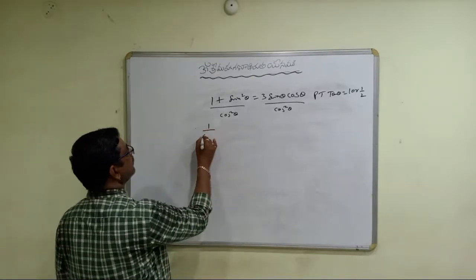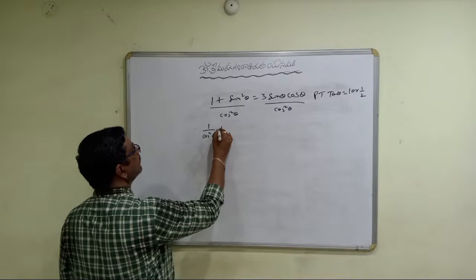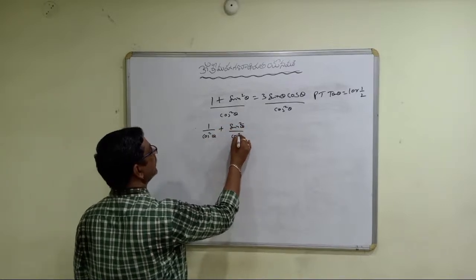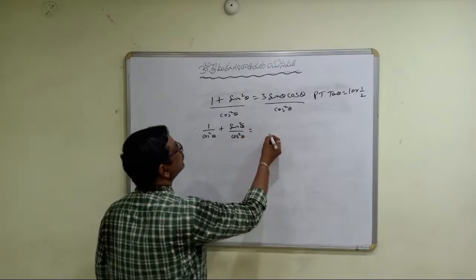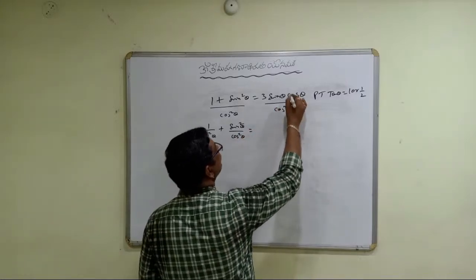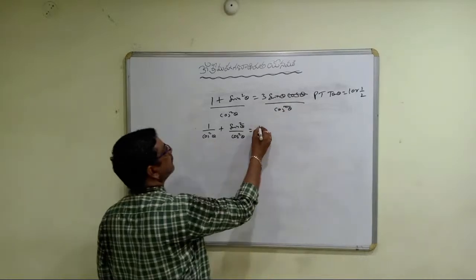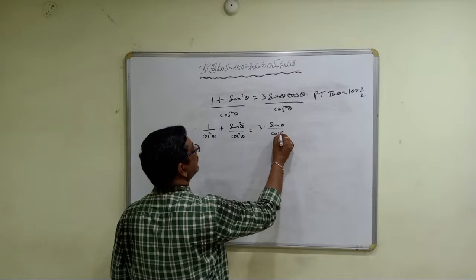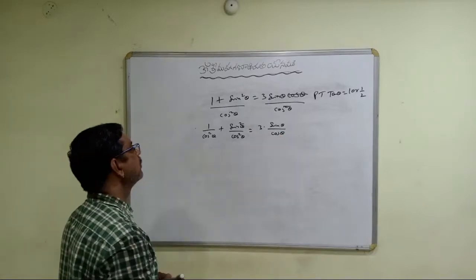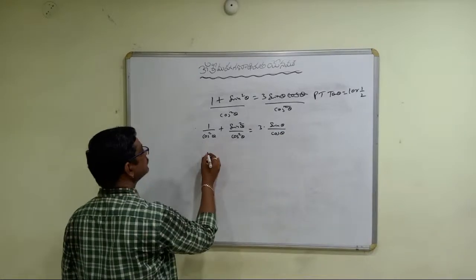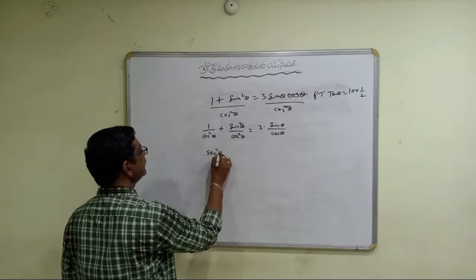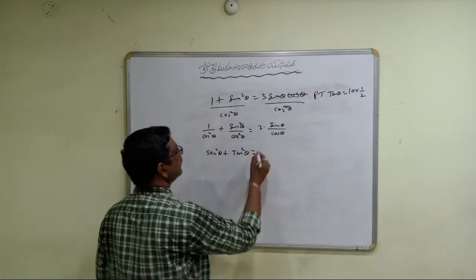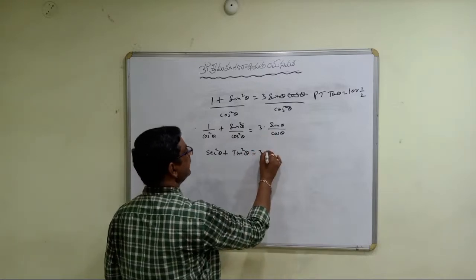It becomes 1 by cos square theta plus sine square theta by cos square theta is equal to, I can cancel one cos theta over here, remaining is 3 into sine theta by cos theta. Now this becomes secant square theta, this becomes tan square theta, and this becomes 3 tan theta.